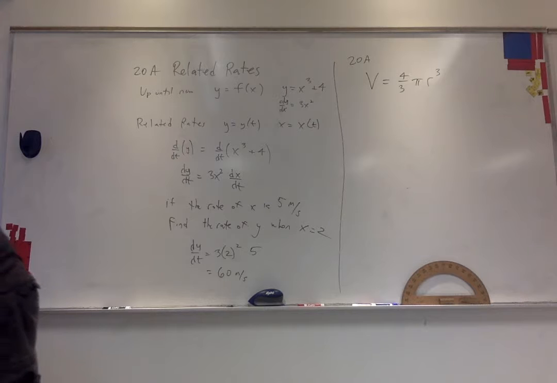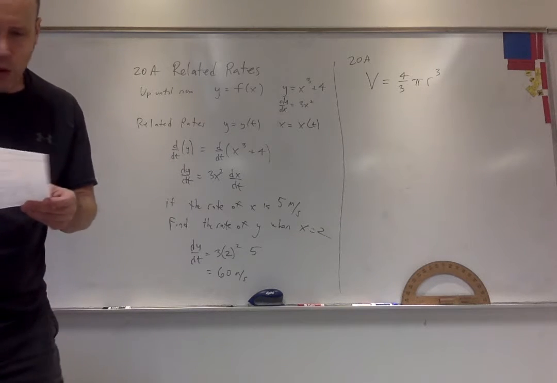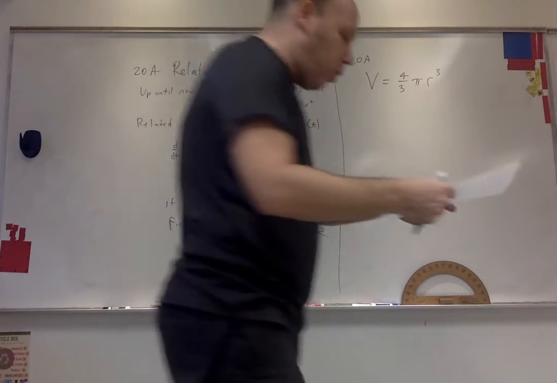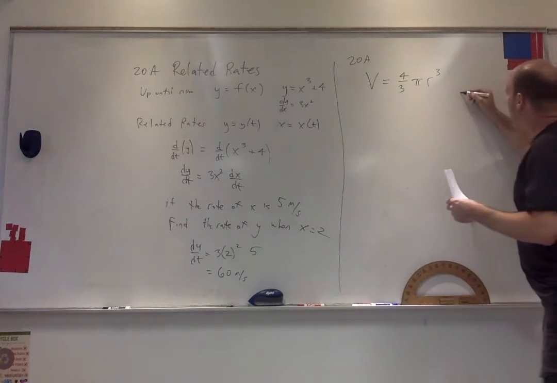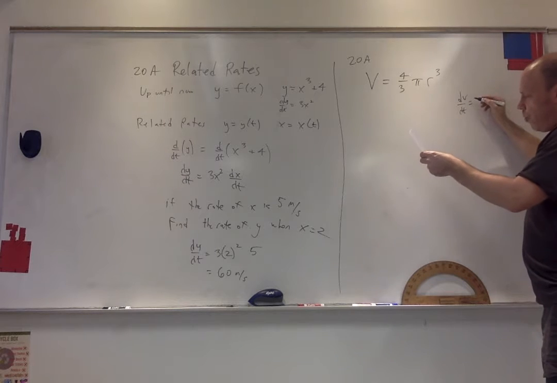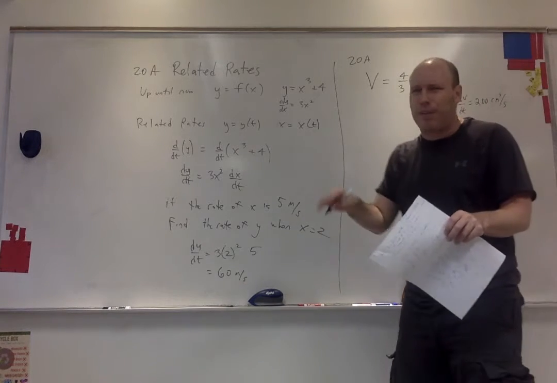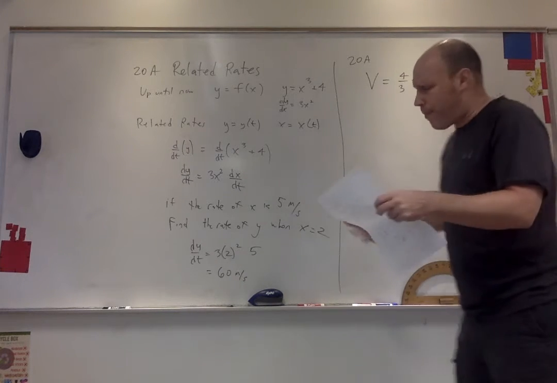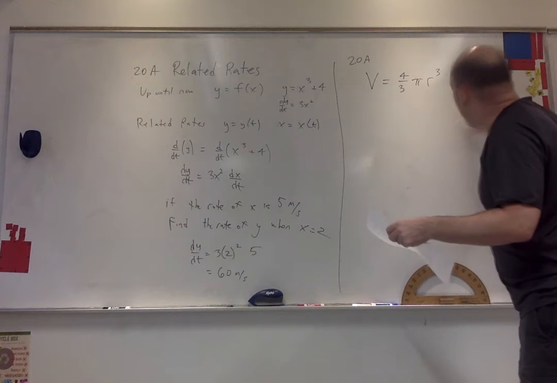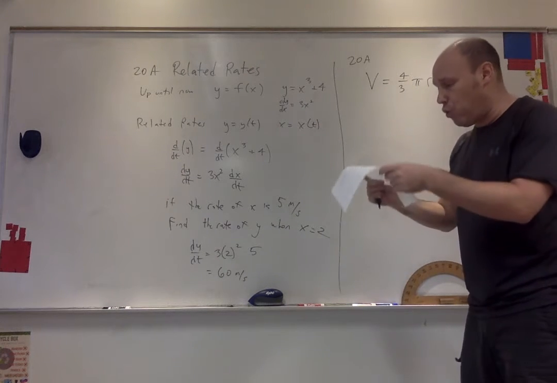What information is given? We're told that dV/dt is equal to 200 centimeters cubed per minute. I'm going to leave the units off because I just want the number. So I know the rate of change of the volume with respect to time is 200.